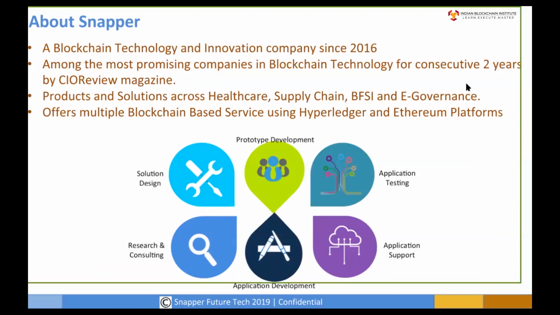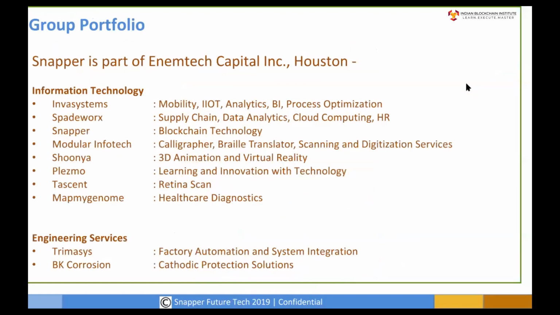We were among the most promising companies in blockchain technology for 2 consecutive years by CIO Review magazine. We build products and solutions across healthcare, supply chain, banking and financial services, and e-governance. We offer multiple blockchain-based services using the Hyperledger and Ethereum platforms, and now Corda in future.